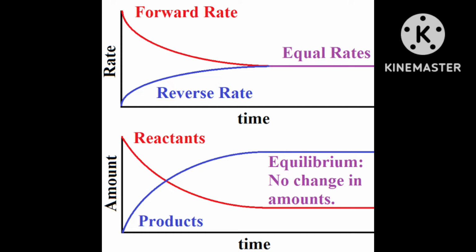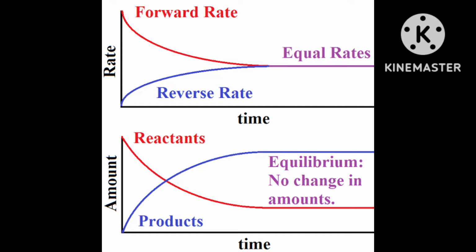When the rate of the forward and reverse reactions become equal, the concentrations of the reactants and the products remain constant. Chemical reactions attain equilibrium.